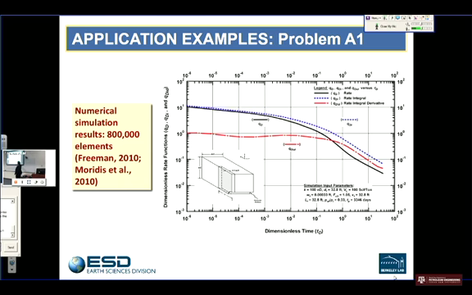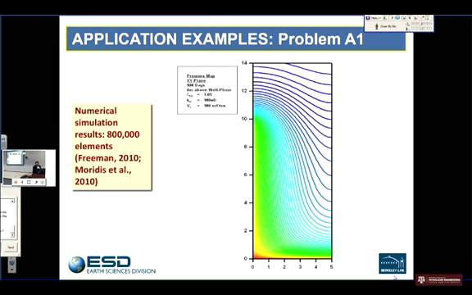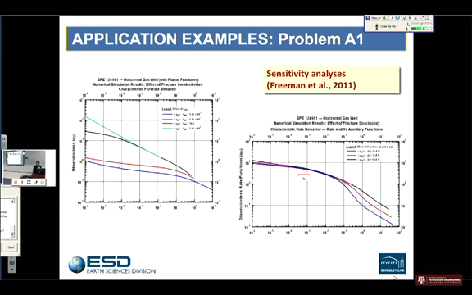We have about 800,000 elements, and in essence, what we see is this type of QD versus TD, dimensionless rate versus dimensionless time. So we can do that pretty effectively. And you see the very, very steep pressure gradients near the fracture and the wellbore, which is exactly what we were expecting to see.